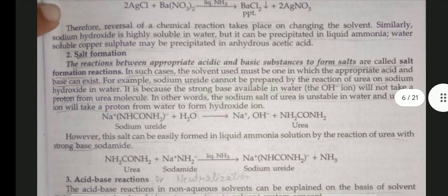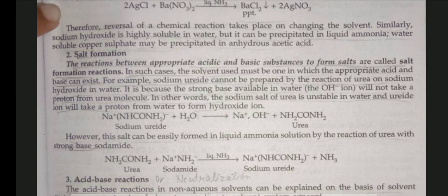Second, salt formation. The reactions between appropriate acidic and basic substances to form salts are called salt formation reactions. In such cases, the solvent used must be one in which the appropriate acid and base can exist. For example, sodium urethide cannot be prepared by the reaction of urea on sodium hydroxide in water, because the strong base available in water will not take a proton from the urea molecule.